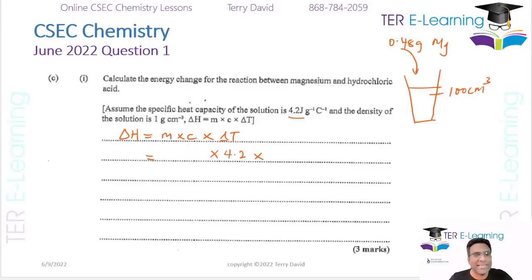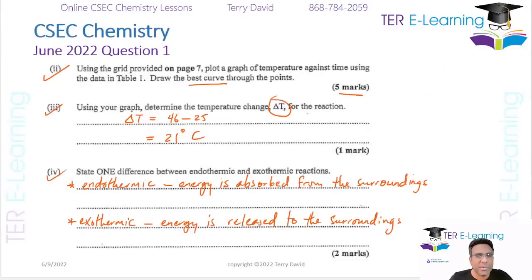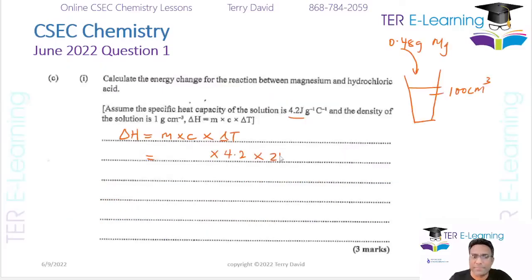Multiplied by your delta T. Well, we worked out delta T previously. Yeah, 21 degrees was our temperature change. So that's just 21. And students were trying to figure out, well, should we use 100 grams or should we use 100.48 grams?